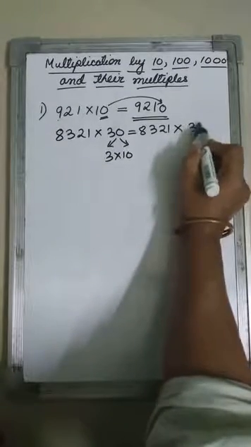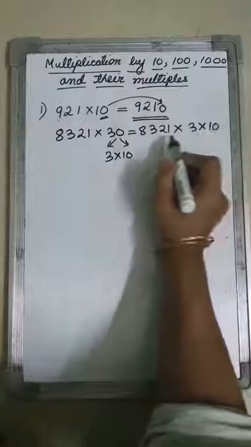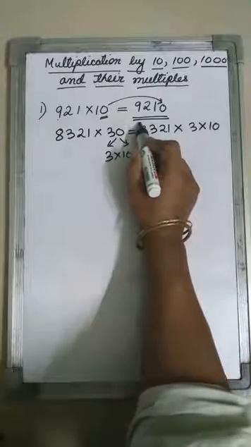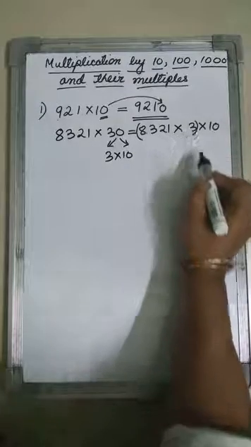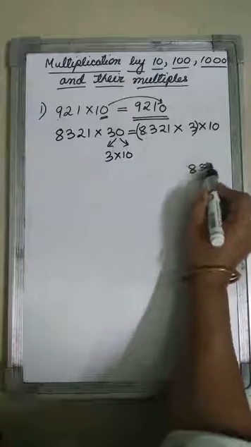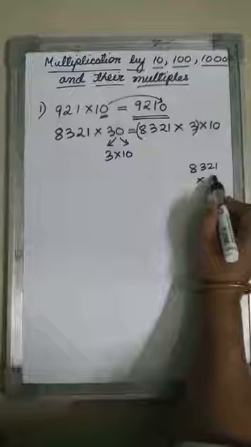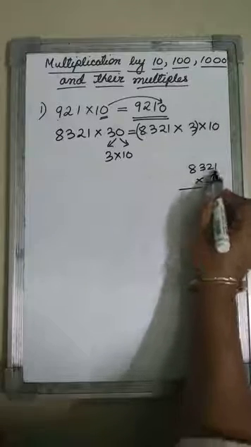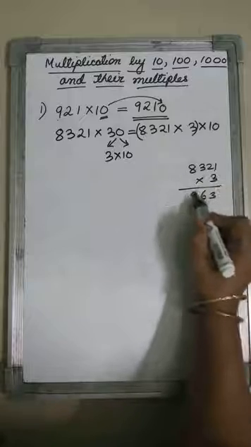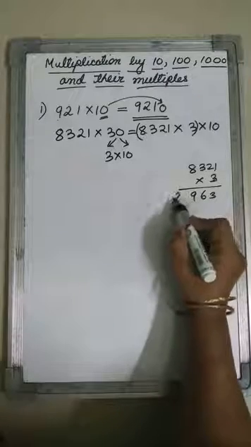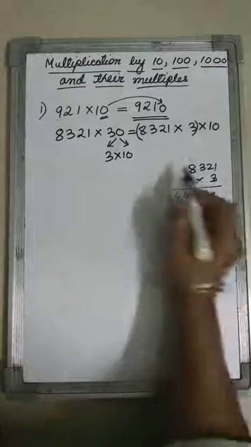So here I am writing 3 into 10. I am making a group of these two numbers. 8321 into 3, you multiply. 3 into 1 is 3, 3 into 2 is 6, 3 into 3 is 9, 3 into 8 is 24.